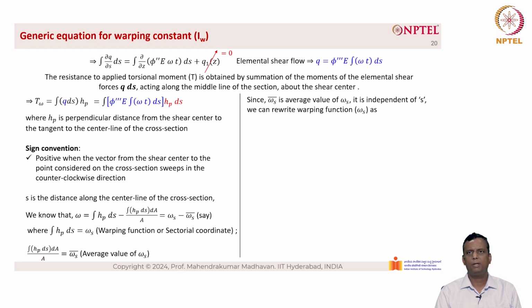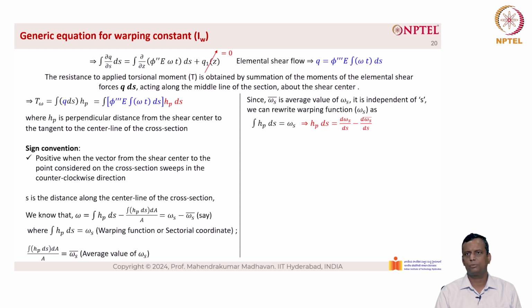Since omega s bar is the average value of omega s, it is independent of s, so we can rewrite the warping function: HP into ds equals d omega s by ds minus d omega s bar by ds. We are doing so simply because omega s bar is a constant, so differentiation of a constant is 0, so it doesn't make any difference.